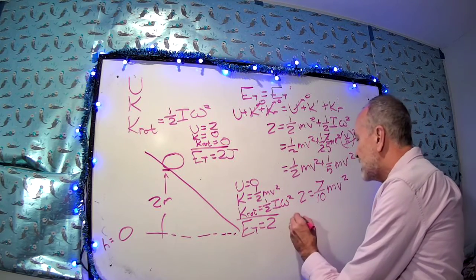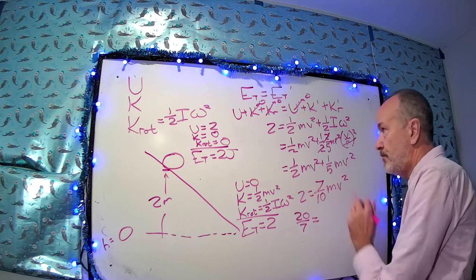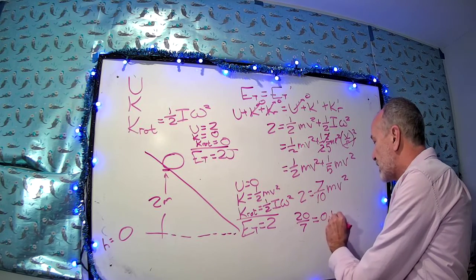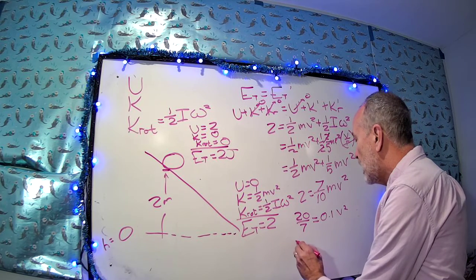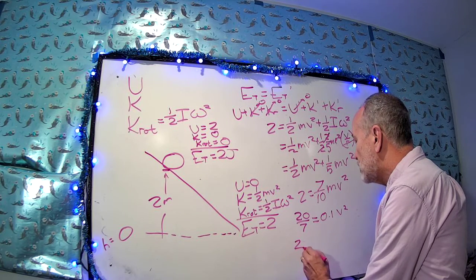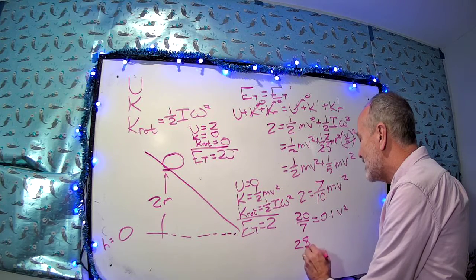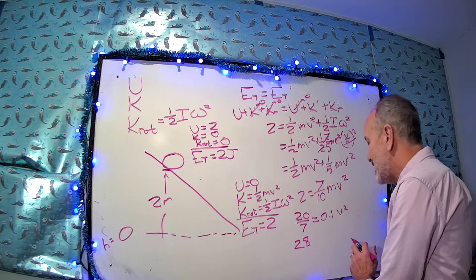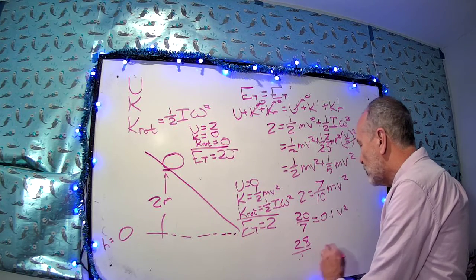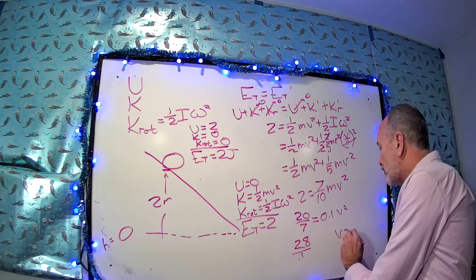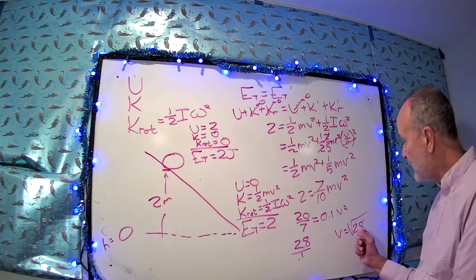I don't know if I can do this in my head. 20 divided by 7, mass was 0.1, v squared. 20 divided by 7 is 2.8, let's just leave it at 2.8, equals 0.1 v squared divided by 0.1. So v equals square root of 28 point something. Okay, this is going to be 5 point something.